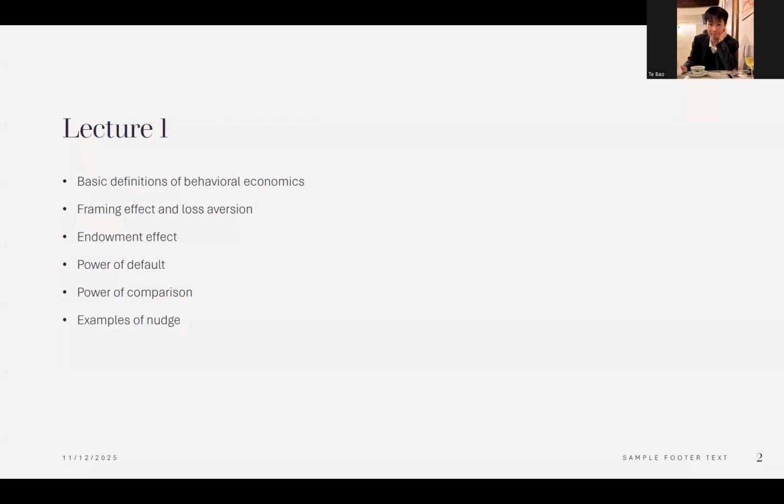Traditional economics assumes that people only care about the material or monetary payoff for themselves. But through experimental studies like the Ultimatum Game or Dictator Game, we find that people actually care about others' well-being. They may be altruistic.